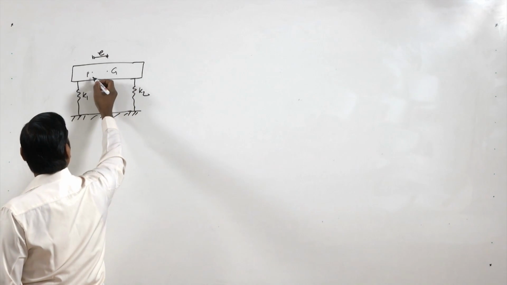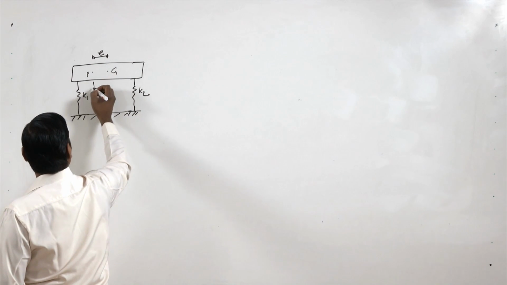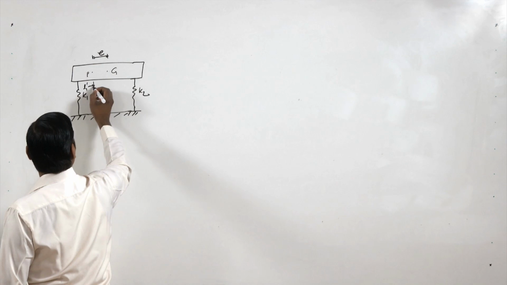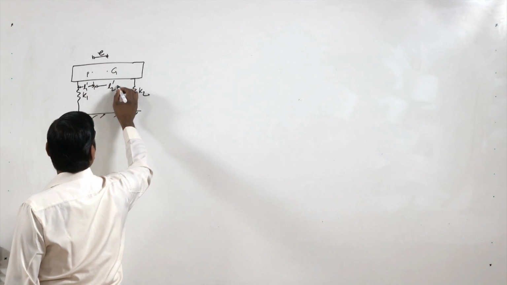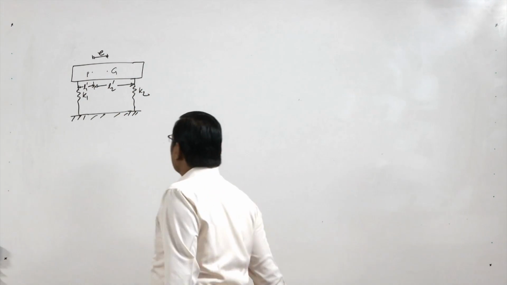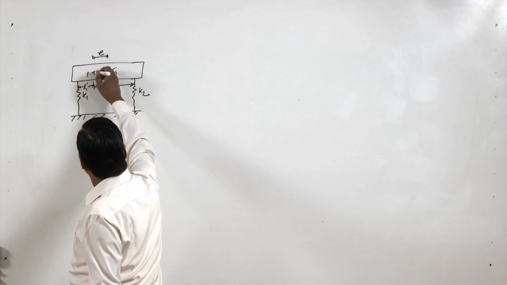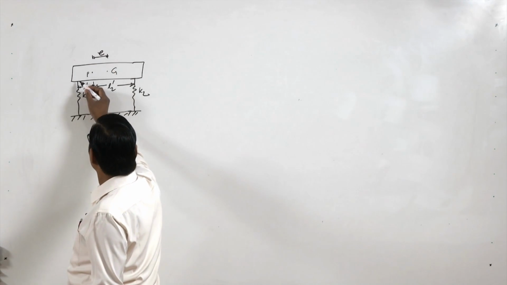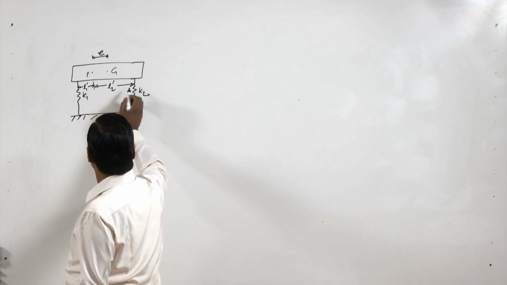Now we take this distance L1 dash and this L2 dash, so from point P to the springs there is L1 dash and L2 dash.